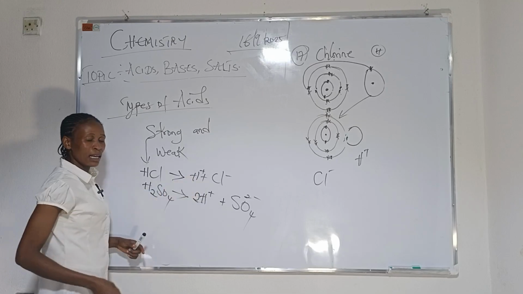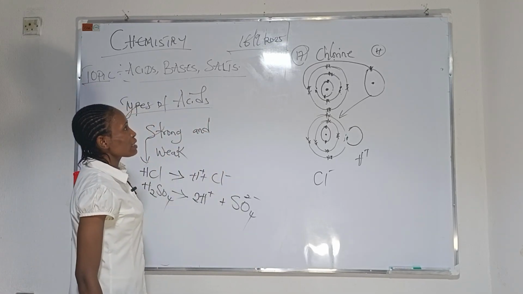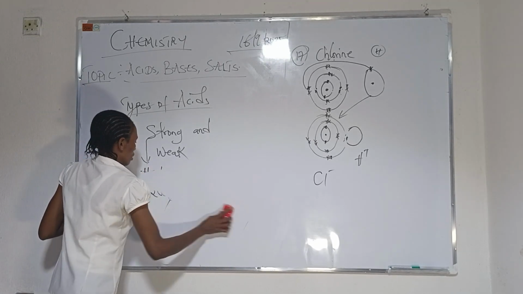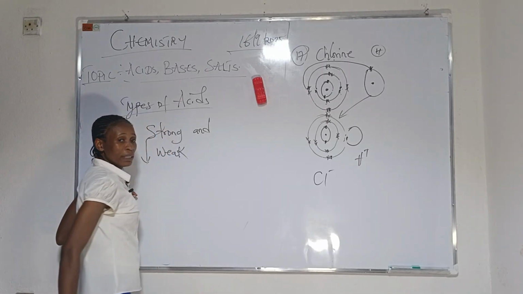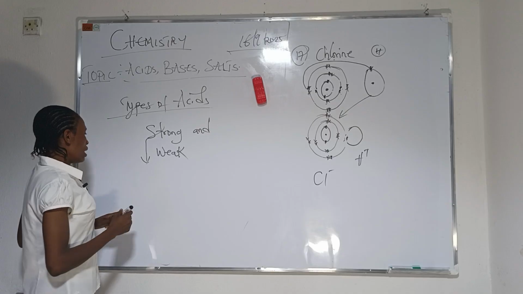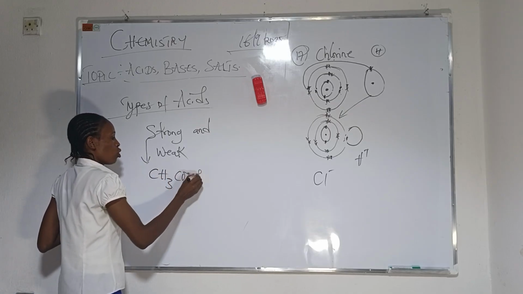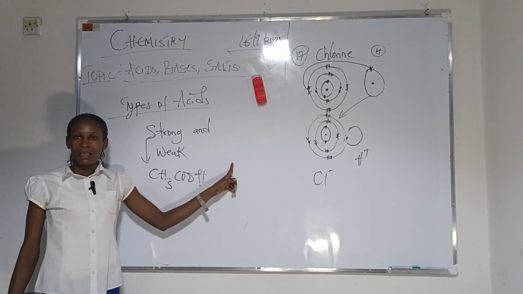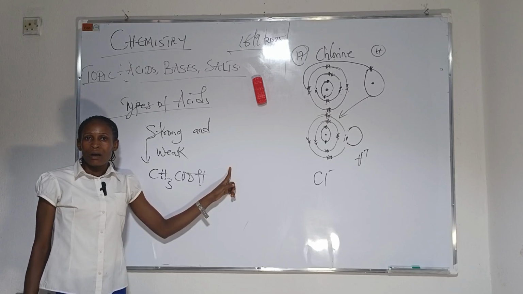The same thing is happening here. Whereas if it is a weak acid, here the ionization will not be complete. Are you with me? Let's say, for instance, we have CH3COOH. This is ethanoic acid, coming from an organic compound.